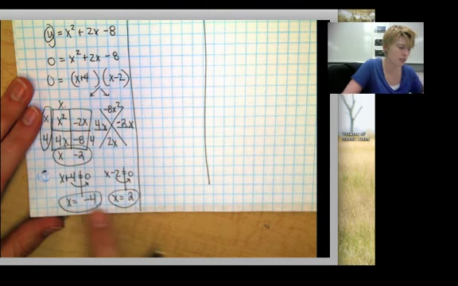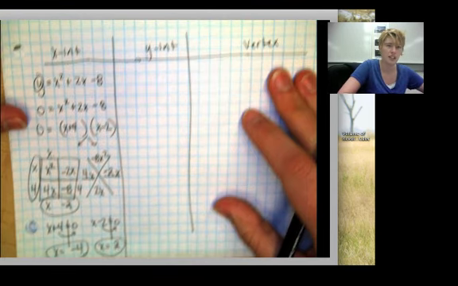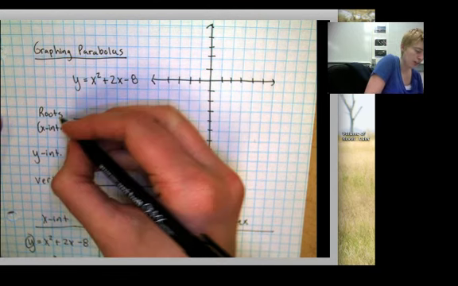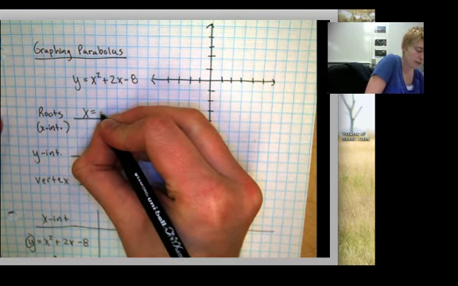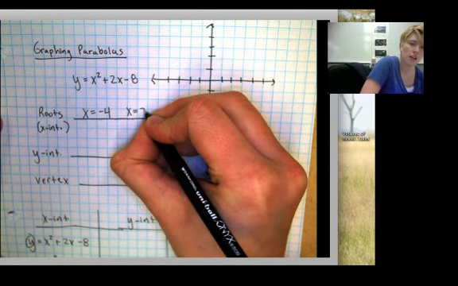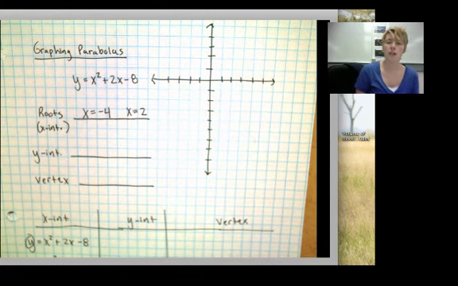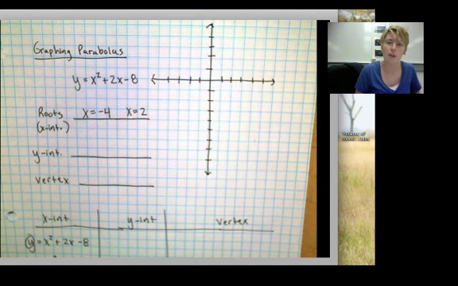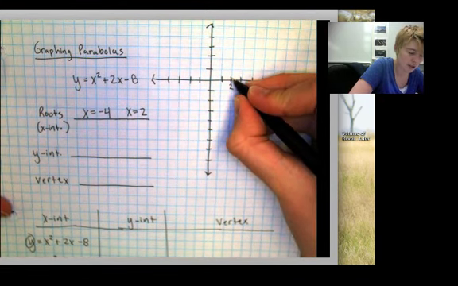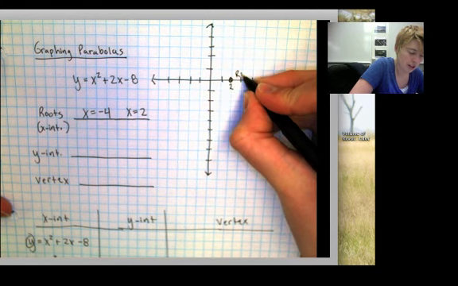So let's take those answers and go up to the graph where we had this all set up. What we just figured out is our roots are x equals negative 4, I'm going to copy this down, and x equals 2. Which essentially, on the graph, means 2 and negative 4 are the first points I can put on here. At 2, I'm going to put a root at x equals 2.